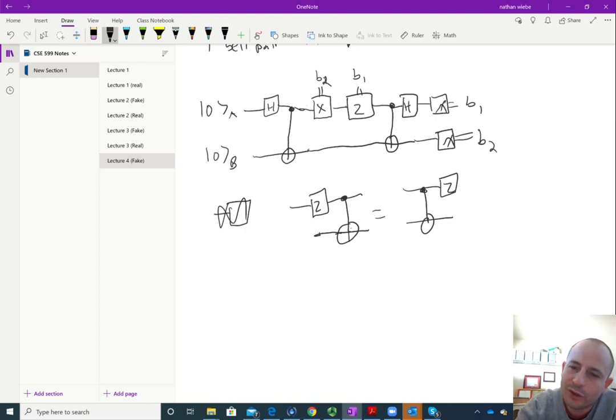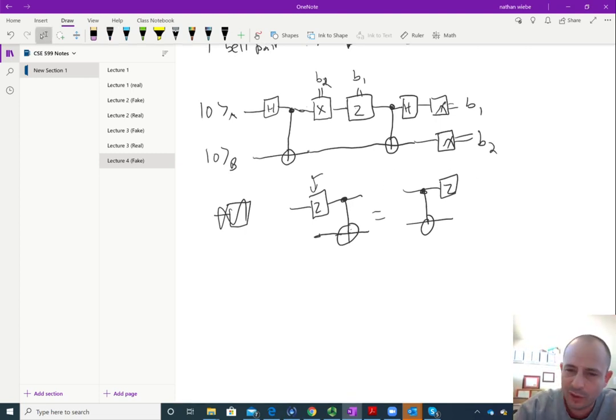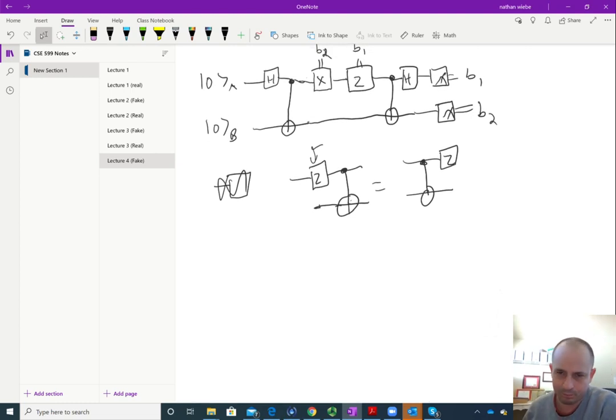You can go through case analysis and see that it doesn't matter whether the controlled NOT happens first or later, because the Z gate doesn't change this bit value. So these two operations end up commuting.